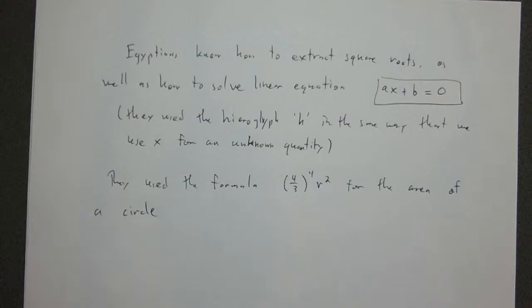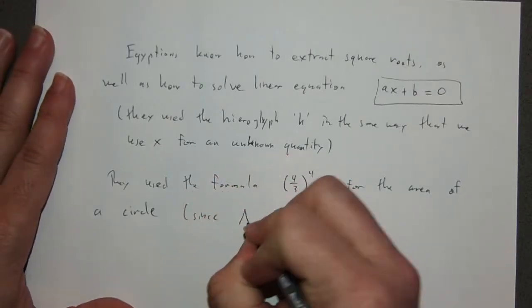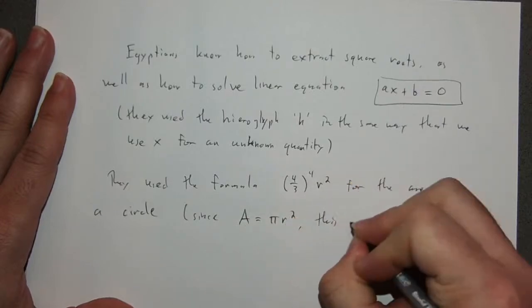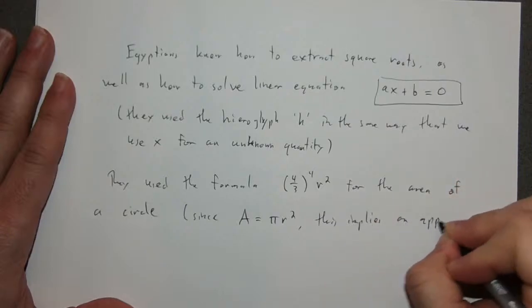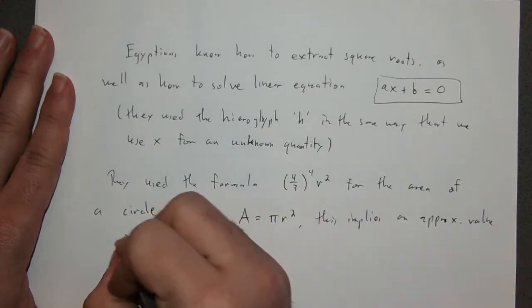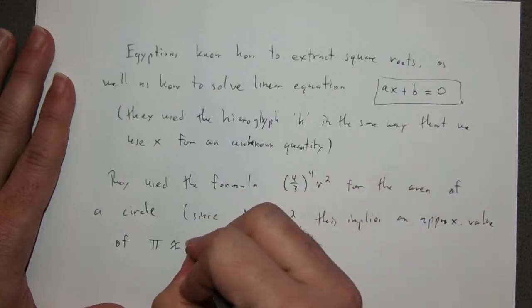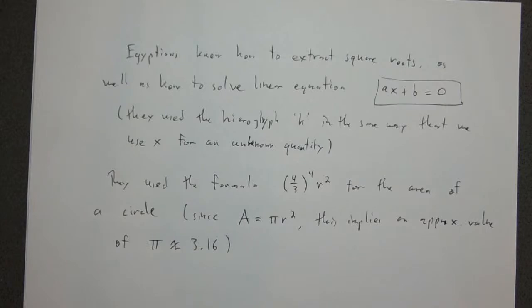So this was their formula for the area of a circle. Of course, the actual area is pi r squared. So since the area of a circle is pi r squared, this implies an approximation. So our approximate value of pi to be approximately 4/3 to the fourth is like 3.16. Okay, so not too bad.